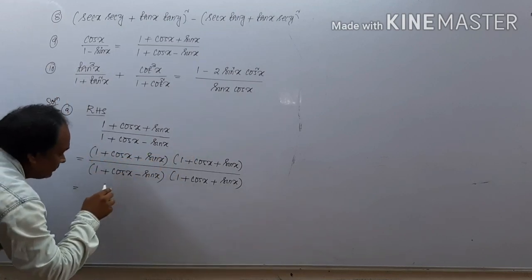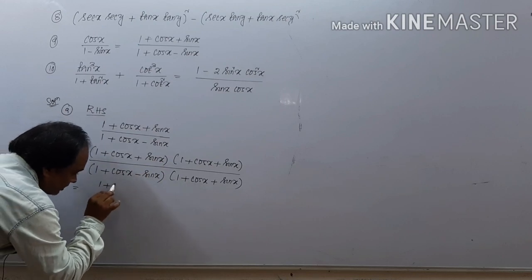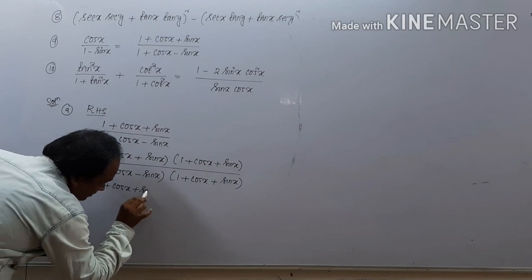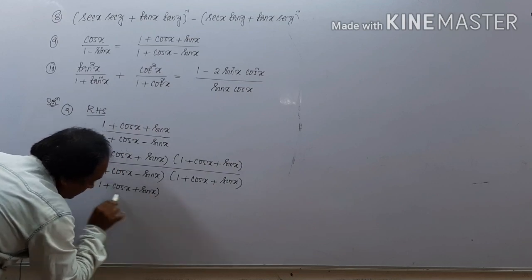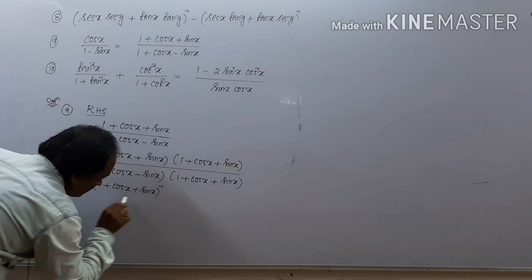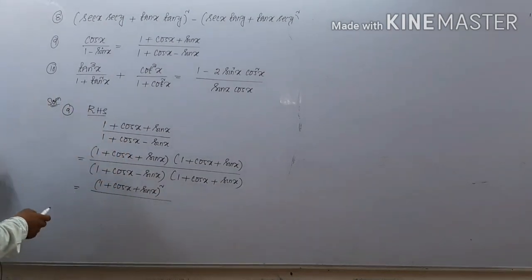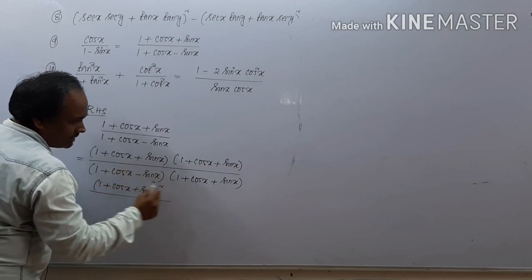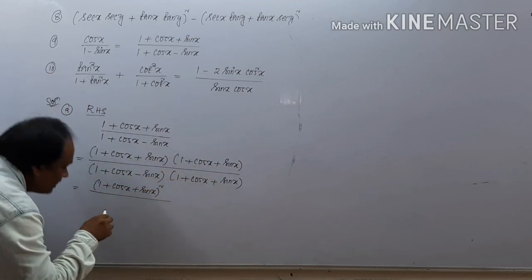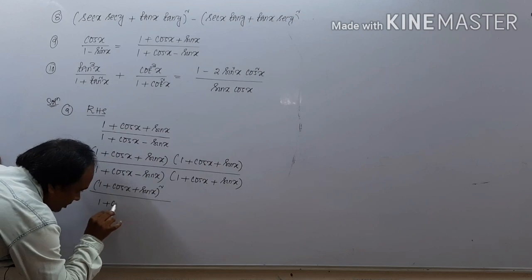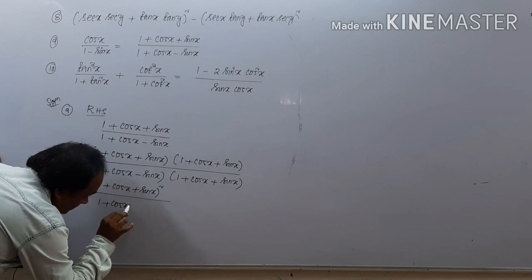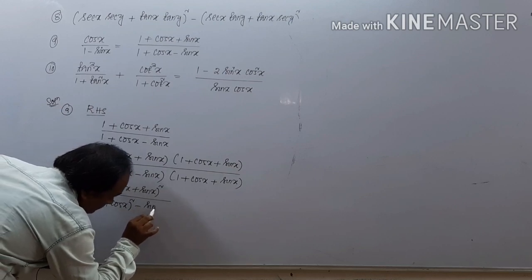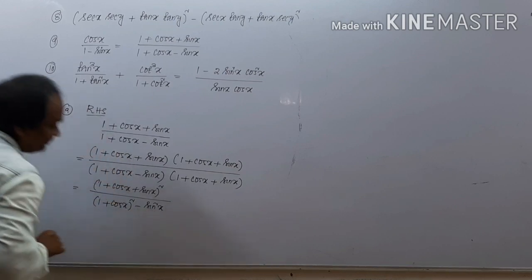So this will become 1 plus cos x plus sin x whole square divided by, here I will consider this is a, this is b, so a minus b multiplied to a plus b, so clearly this is 1 plus cos x whole square minus sin square x, right?